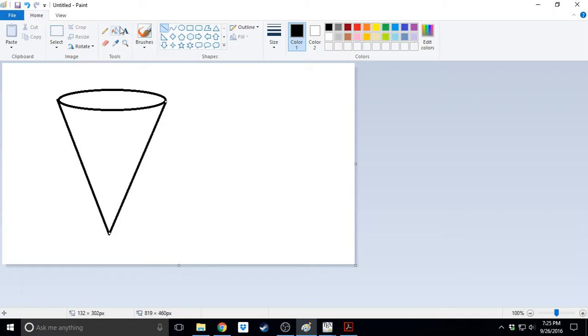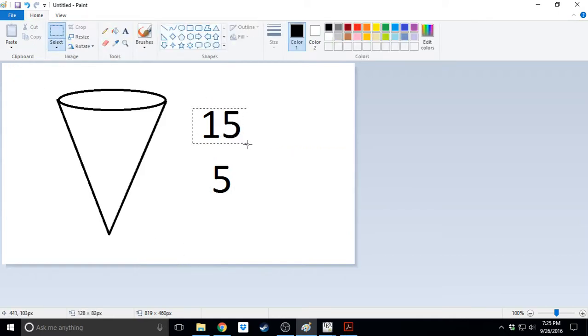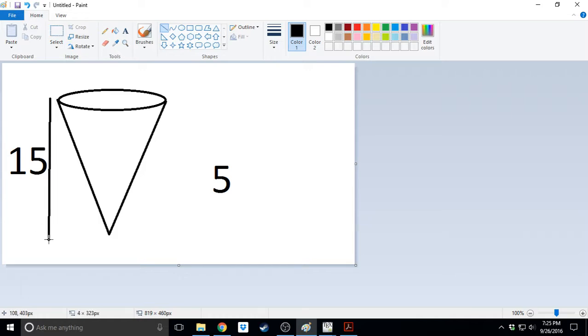So we have this cone here, and let's say that this cone is 15 feet tall and has a 5-foot radius. So 15 from here to here, and a 5-foot radius.